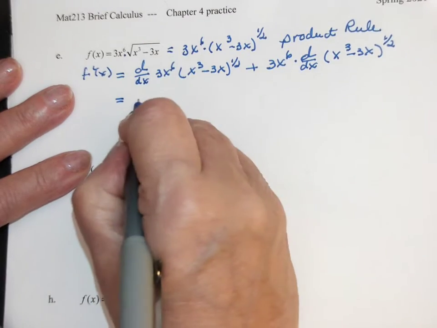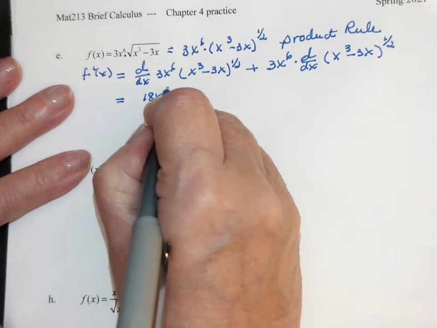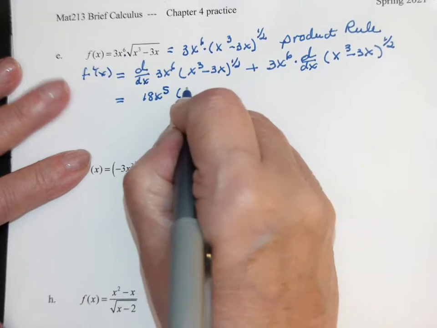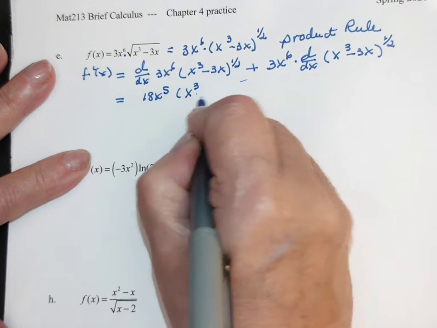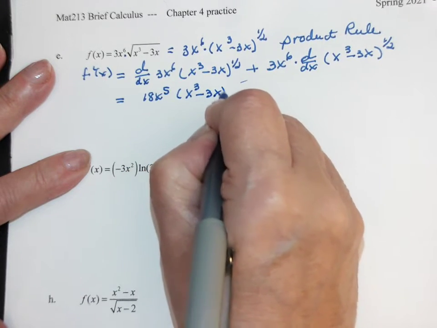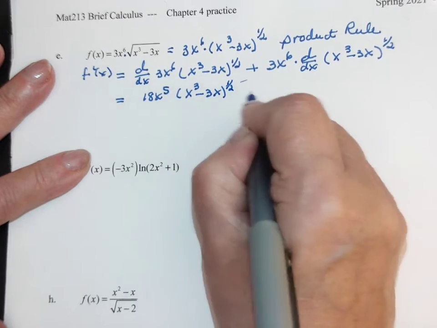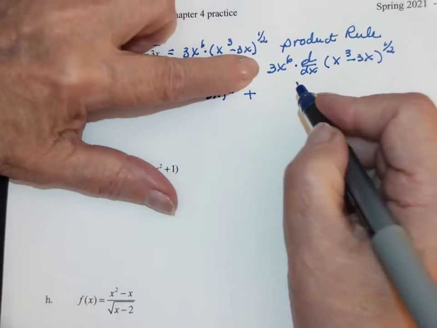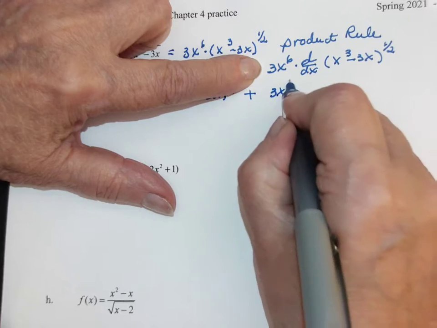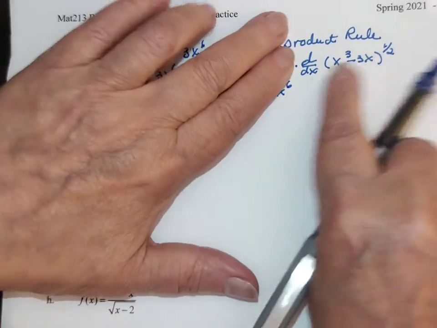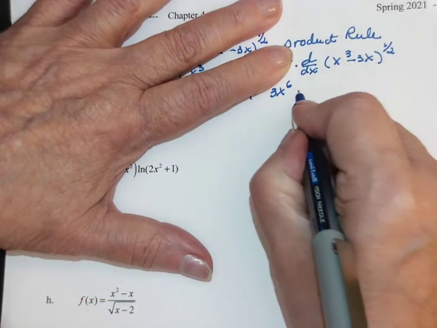Well, the derivative of the first is just 18x to the fifth. And I don't need to do anything with the second guy. Plus, this says don't do anything with him, but take the derivative here. The derivative here is chain rule.